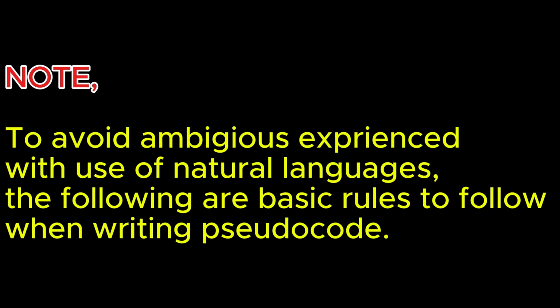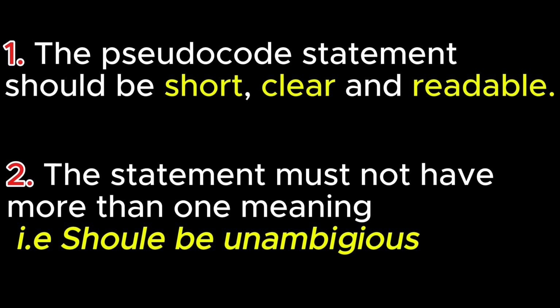The following are basic rules to follow when writing pseudocode. First, pseudocode statements should be short, clear, and readable. As we have seen in our example, our statements were short and clear.